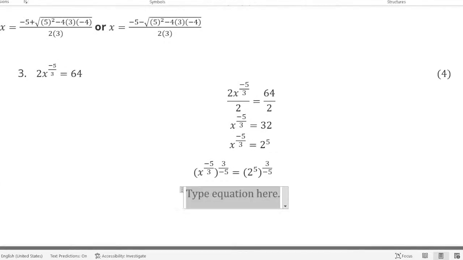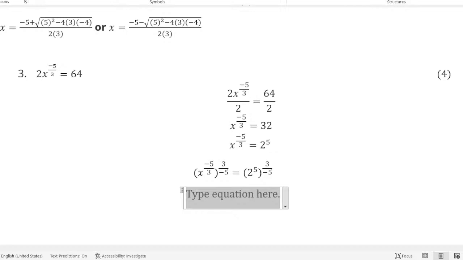So here, negative 5 multiplied by 3 is going to be negative 15. We are saying negative 5, the numerator of the exponent, multiplied by 3 is negative 15. And then the denominators, 3 multiplied by negative 5, again is negative 15. Let me just write it down.